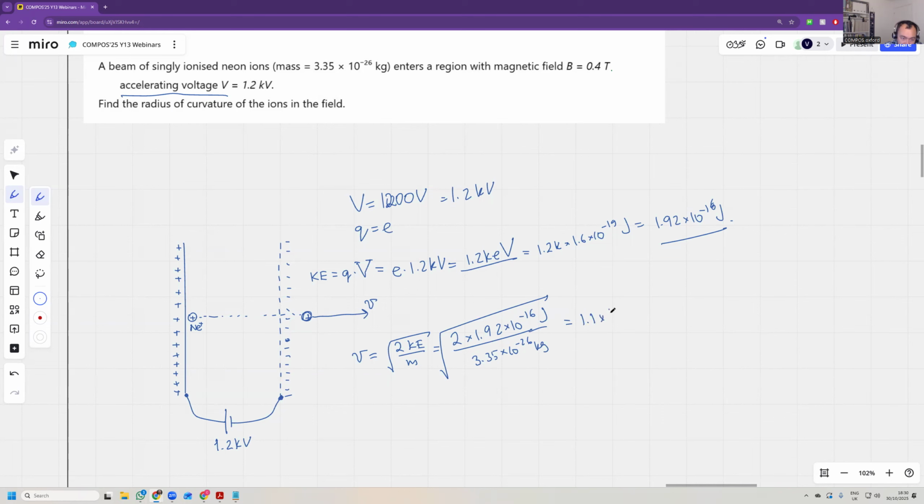1.1 times 10 to the 5 meters per second.